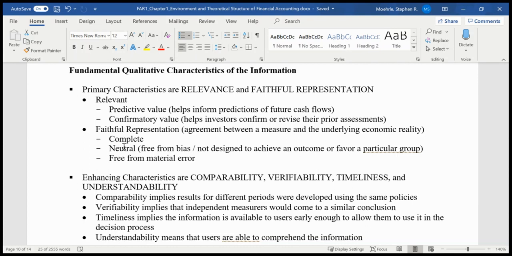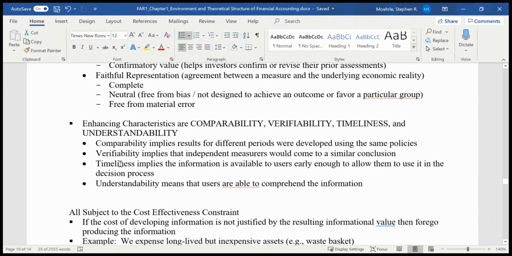Faithful representation is achieved if the information is complete, it is neutral, that is, it is free from bias, it is not designed to achieve an outcome or to favor a particular group, and it is free from material error. So it's faithfully representing the underlying economic reality if it's complete, neutral, and free of material error.